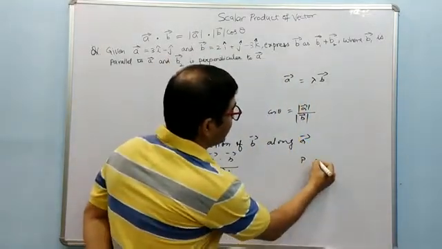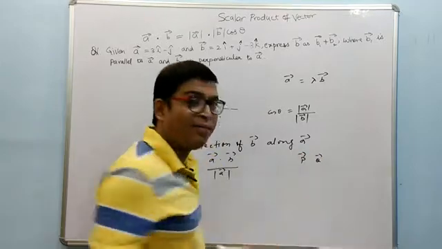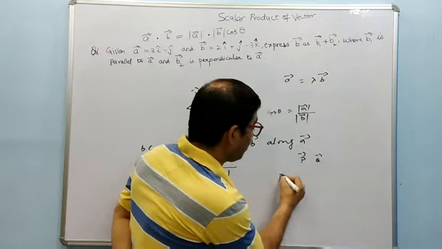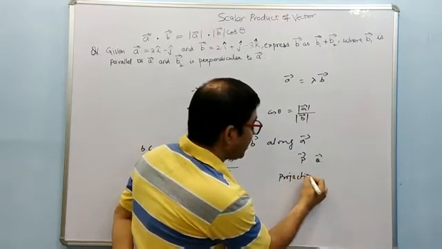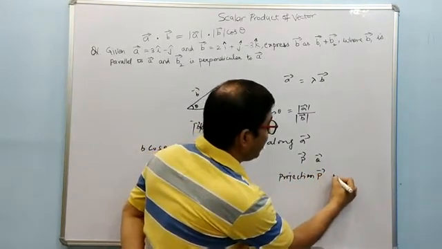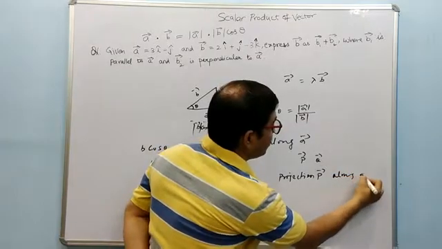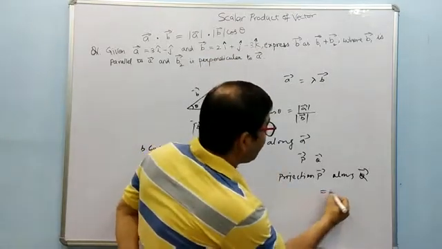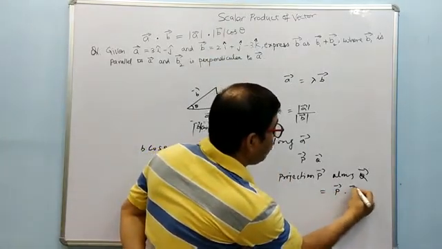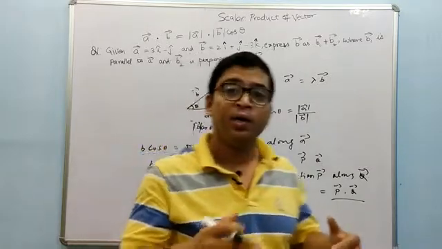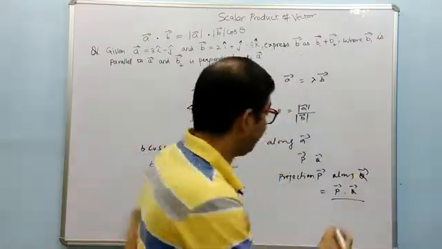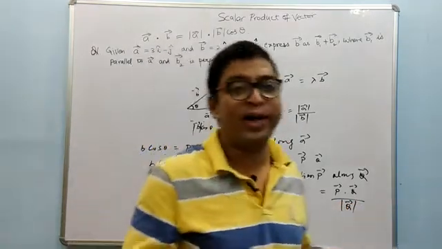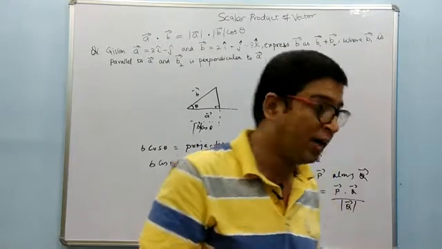Suppose P and Q are two vectors, and we have to find the projection of P along Q. We have derived the formula: the projection of P along vector Q is P dot Q divided by the magnitude of Q, the vector along which we are finding the projection. So easily you can find the projection of a vector along another vector.